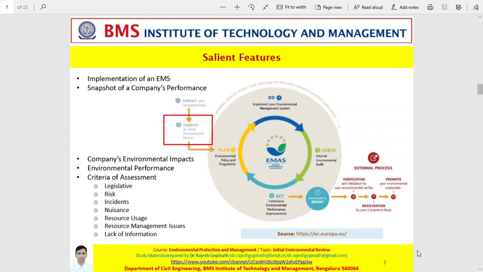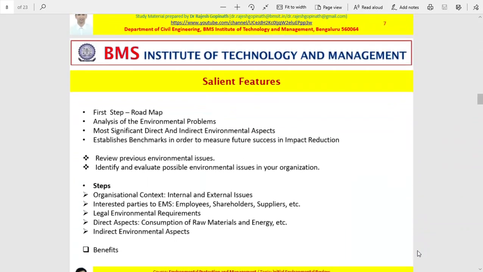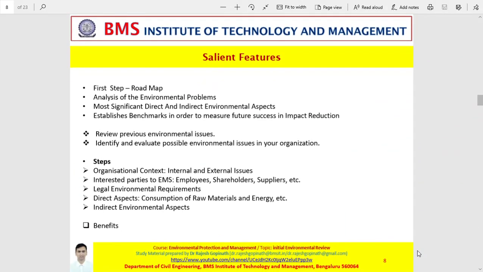Let us now move on to slide 8 to understand more salient features of initial environmental review. As previously discussed, we are all aware the first step in creating an EMS is to perform the initial environmental review.